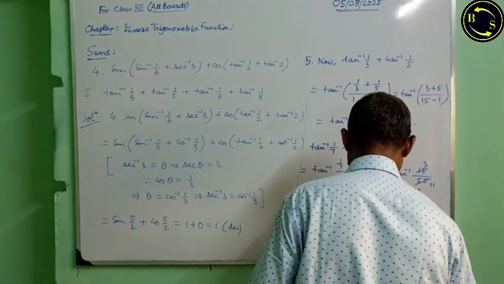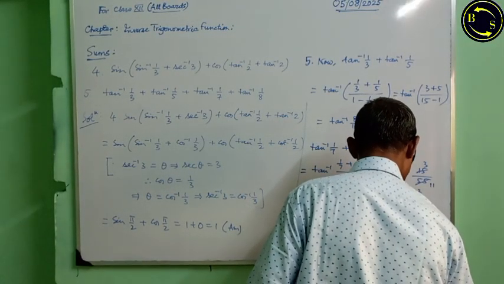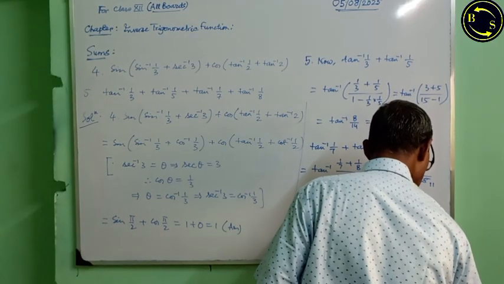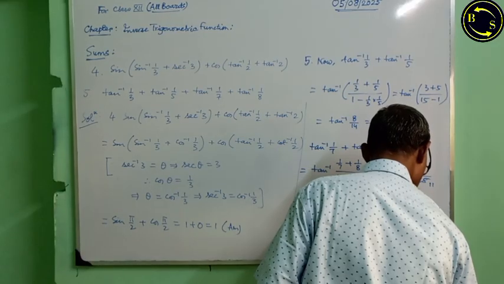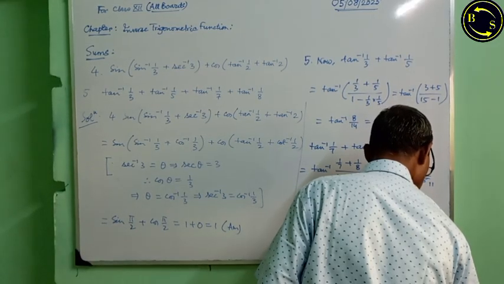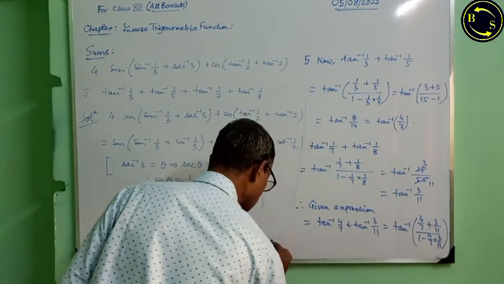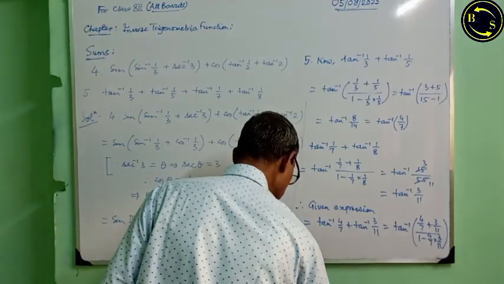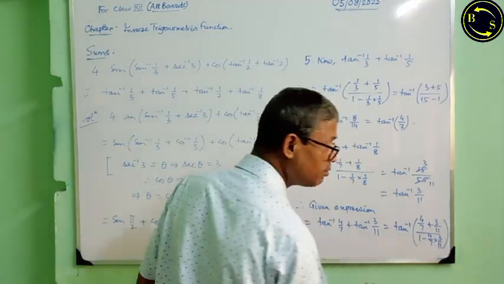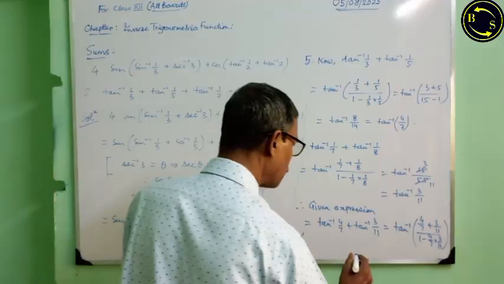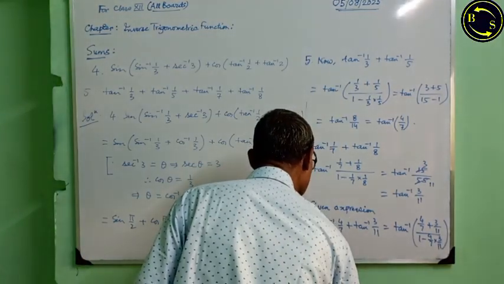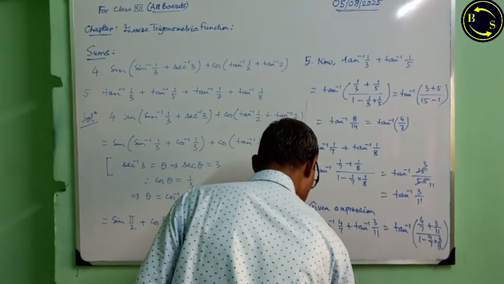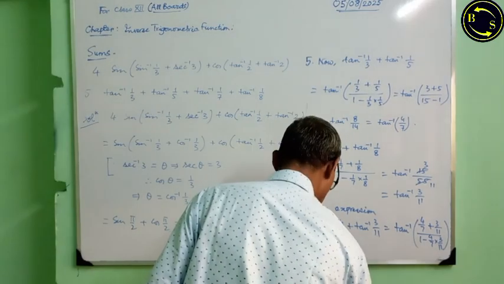Now we apply that formula already mentioned earlier. 4 by 7 plus 3 by 11 by 1 minus 4 by 7 into 3 by 11. That is equal to tan inverse of, denominator will be same. I am not writing that. 44 plus 21 by 77 minus 12.